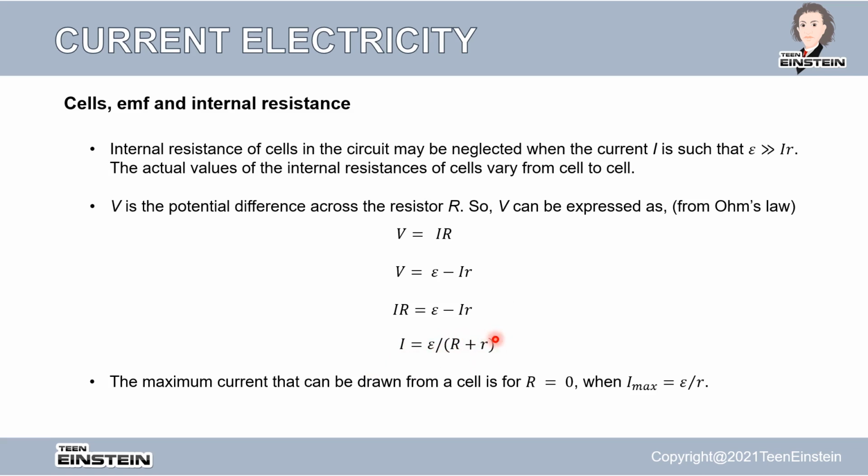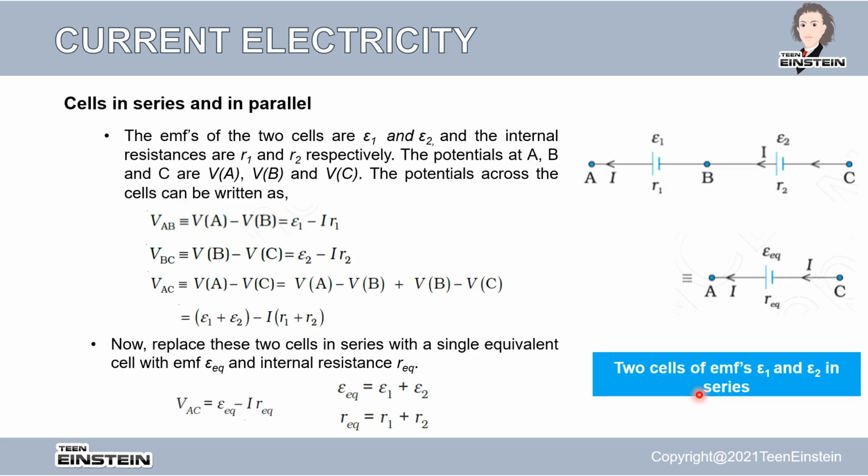So even internal resistance plays a role in deciding how much current you get from the cell. The maximum current that can be drawn from a cell is for capital R equal to 0. That means when external resistance is 0, you get I maximum equal to epsilon divided by small r.